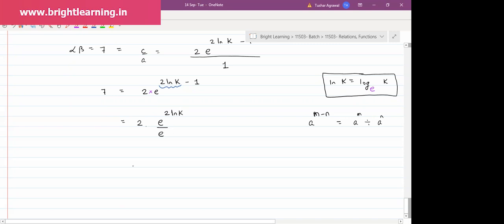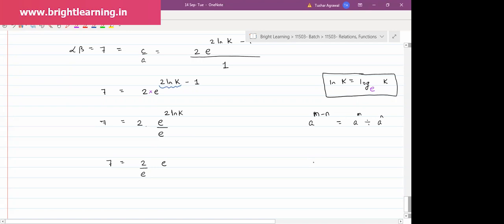Now 2 log k is there. So 7 is equal to 2 upon e as it is. Now e raised to 2 log k. My target is this: this is e, and the power of this e is again log k to the base e.